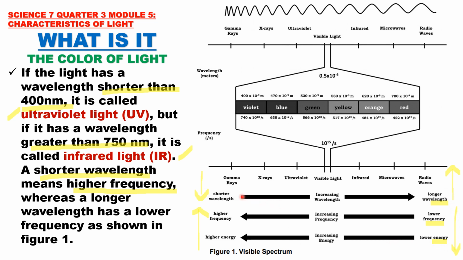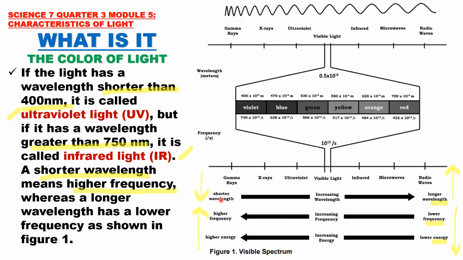So, if you would look at this, so sa ating electromagnetic spectrum, the electromagnetic waves with the longest wavelength ay radio waves. So, dahil pinakamataas ang wavelength ng radio waves, ang kanyang frequency at ang kanyang energy mababa.